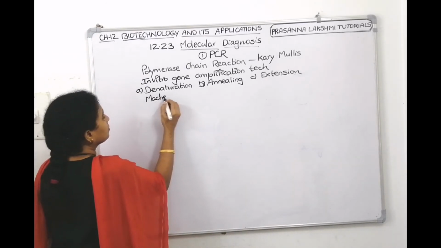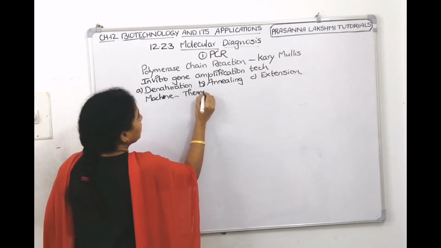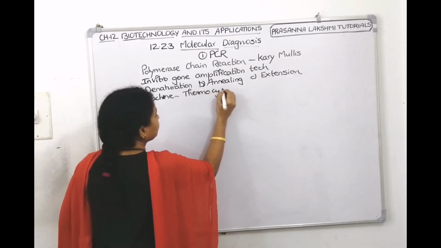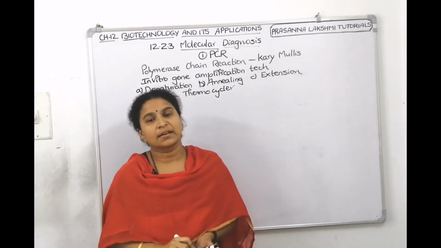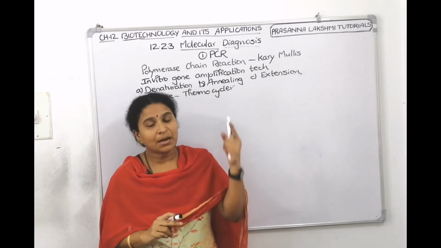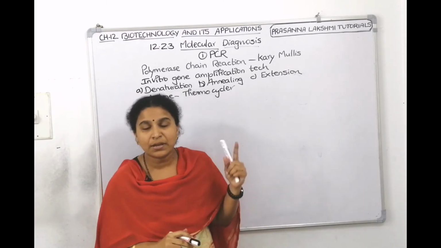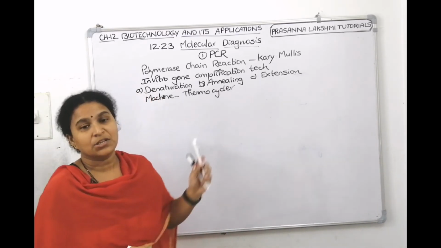What is the name of the machine? The name of the machine is thermocycler. Understood? I told you that in chapter 11 we discussed a complete lecture on PCR. There you can see what denaturation, annealing and extension are.